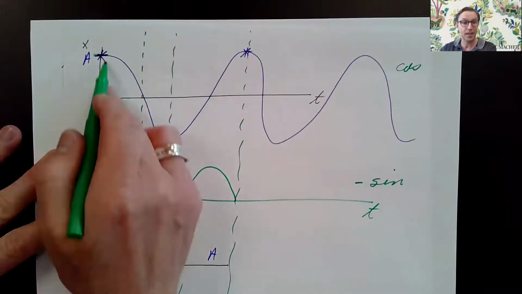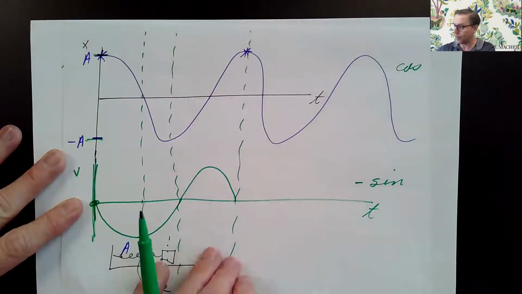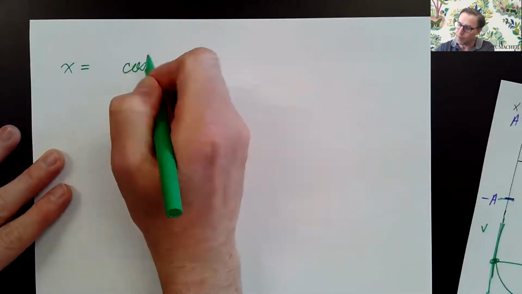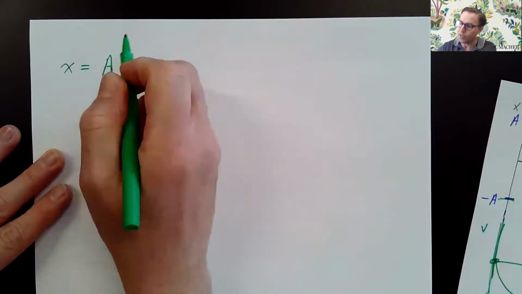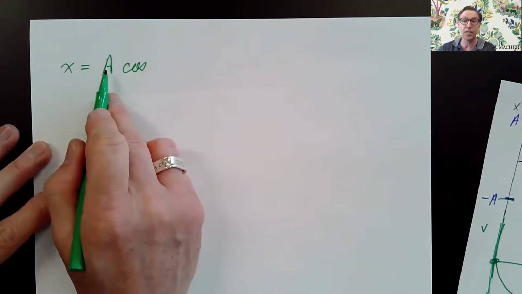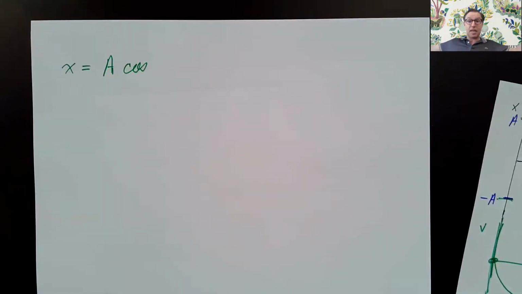So this amplitude is A, and I can make that happen in front of the cosine graph if I just write the letter A. So that's taken an amplitude of 1 that was implied before the cosine and turned it into A. And I can make that amplitude bigger or smaller. So A can be greater than or less than 1, however many meters to the right I pull that block before I let go.